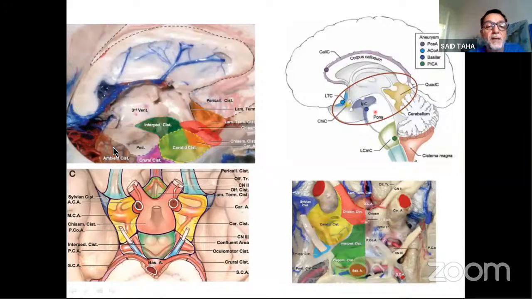Laterally, we have the ambient system, crural system, carotid system. In the middle, we have the interpeduncular system, pericallosal system, and olfactive system laterally.